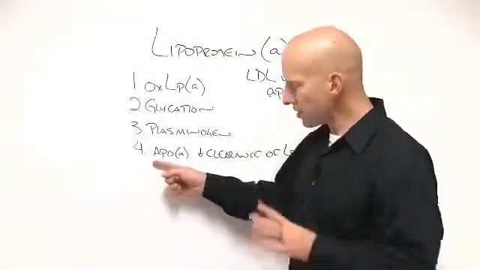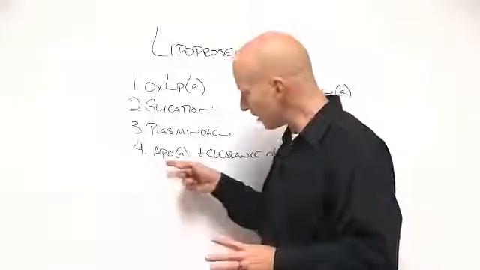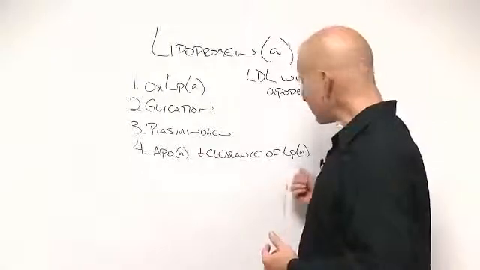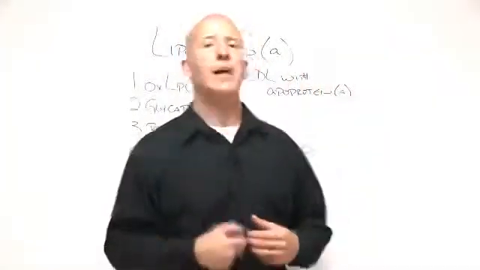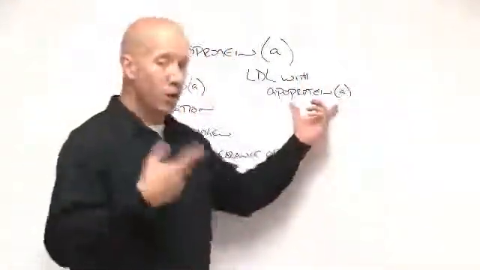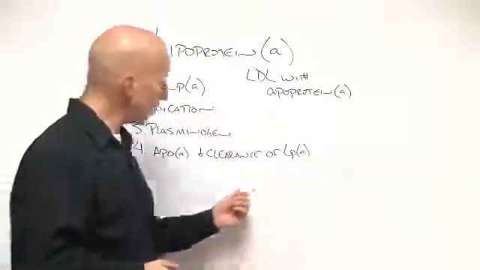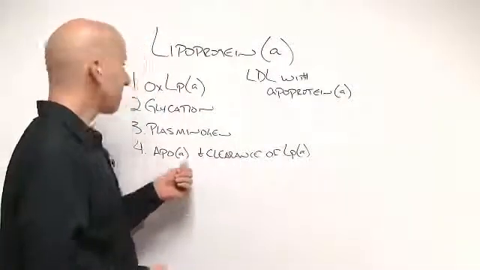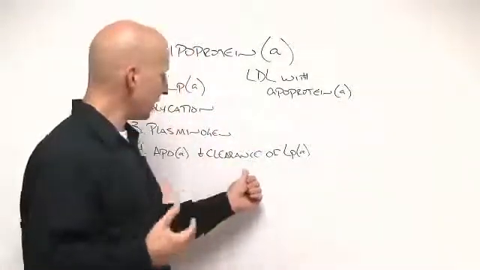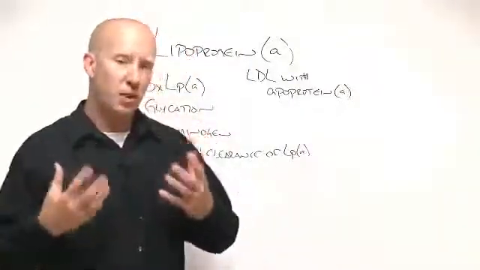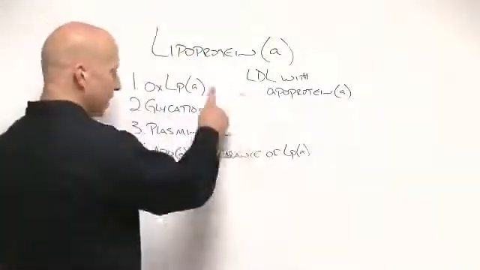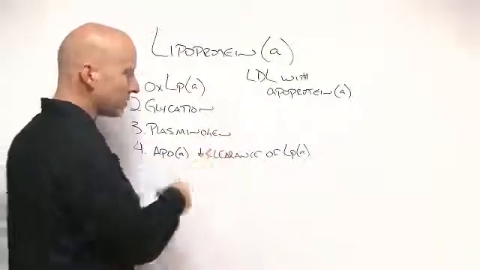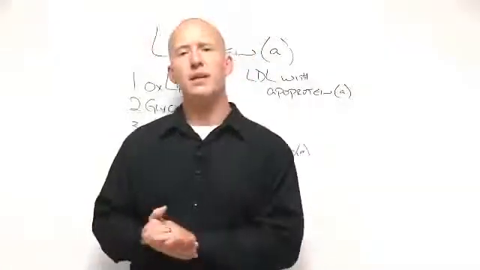The last thing is, notice here, this is not lipoprotein(a), this is apoprotein(a). The protein itself seems to decrease the clearance of lipoprotein(a). So if somebody has excess amounts of this protein, apoprotein(a), they'll also have increased amounts of lipoprotein(a), and that apoprotein(a) helps decrease the clearance of lipoprotein(a), which means there's too much of it doing this atherogenic process, excess glycation or oxidation, as well as decreasing fibrinolysis, or the breakdown of fibrin.